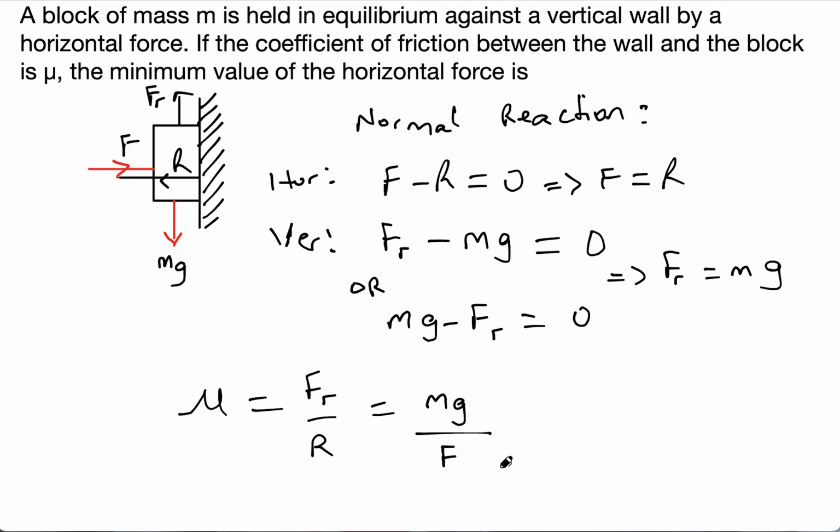The question asks what would be the minimum force that would keep this object in place. That means that we are solving for this F. If we can solve for F here, then we get our result. From this, F equals mg divided by mu. And this will be the minimum force required to keep this object in place.